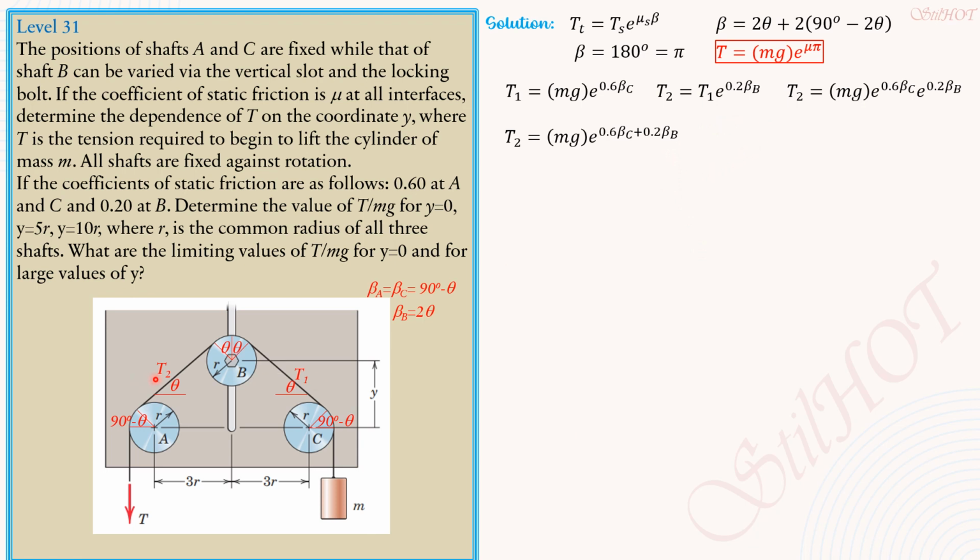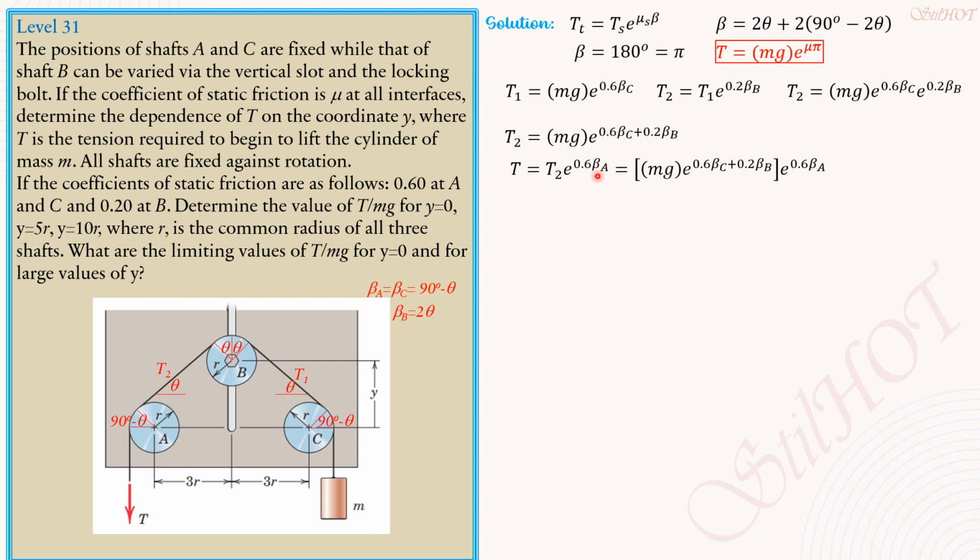Then T2 and T, this is the tight tension. So T equals T2 e to the mu sub A, which is 0.6, times beta A. Since this is T sub 2, you just copy it from here.